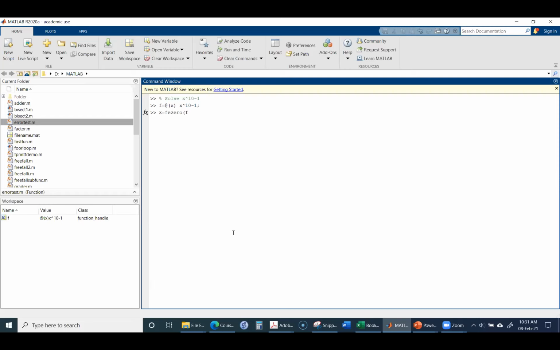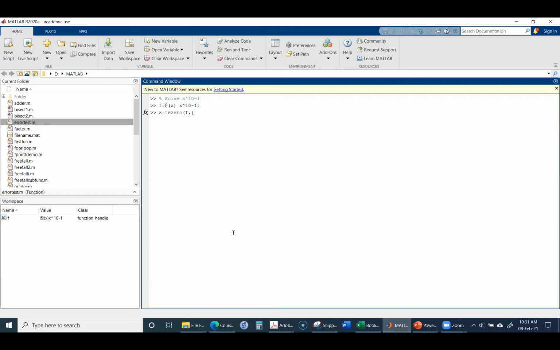Now I need to provide an initial guess. The initial guess can also be in the form of a range of values, provided as a row vector.